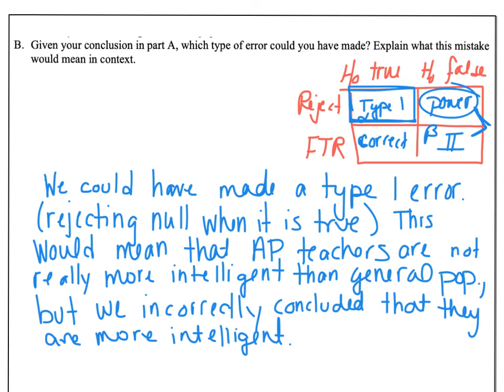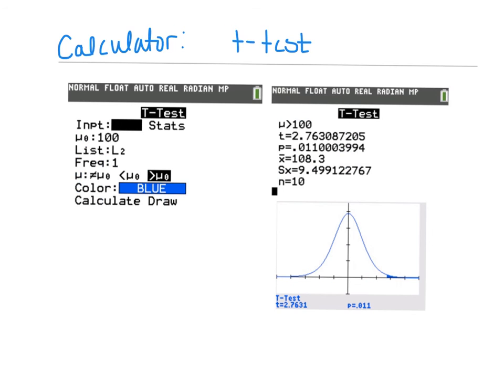All right, the final thing I want to show you is how you can run this entire test on your calculator. In the calculator, you hit Stat and then arrow over to Test, and it's your second option, the t-test. For your input, you're given two choices, either data or stats. For this one, you're going to go with data, the first one that's highlighted, because you already have your raw data entered. So your mu of the null hypothesis is 100.